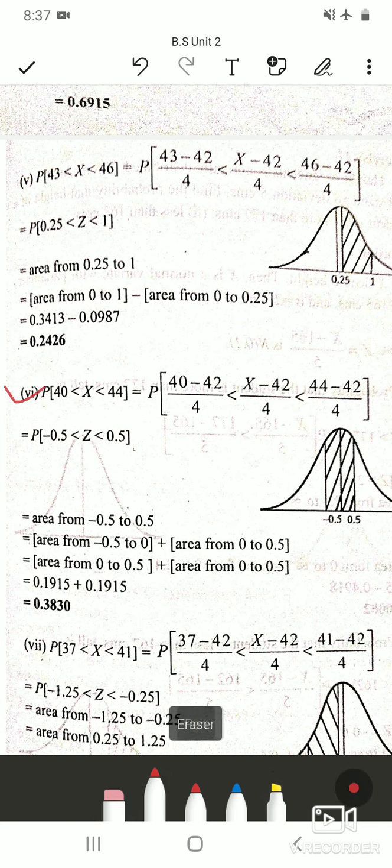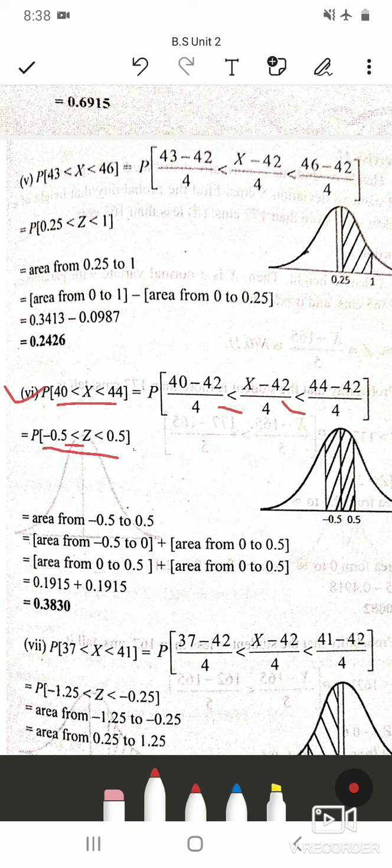The next sub question is to find the probability that x lies between 40 and 44. The same steps: subtract the mean and divide by the standard deviation for all the 3 terms. So we will get the probability of minus 0.5 less than z less than 0.5. Whatever symbols are there, you have to take the same symbols.